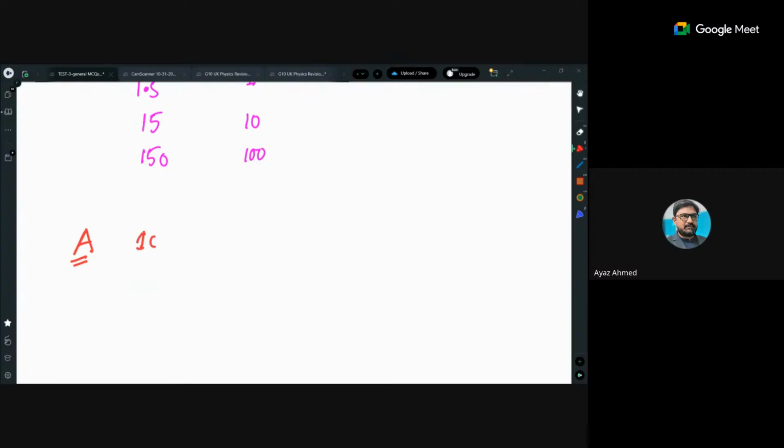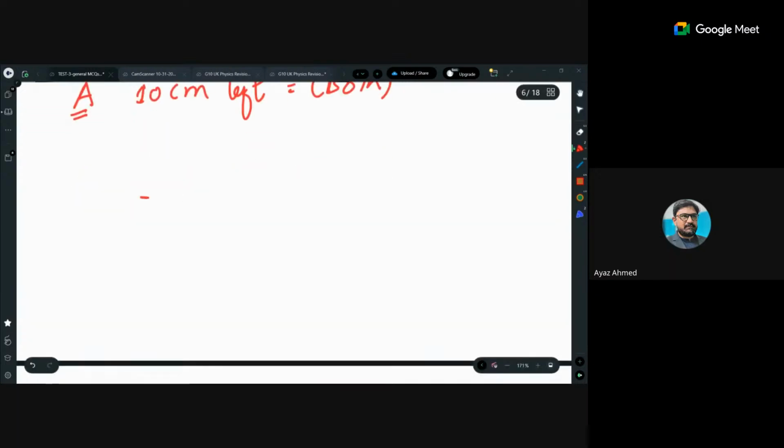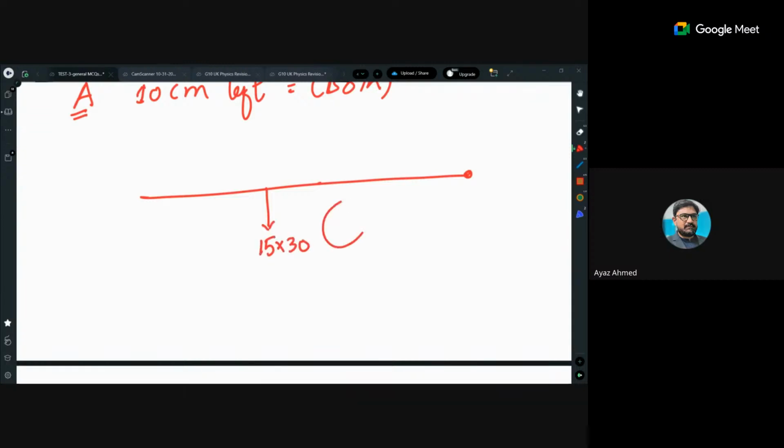10 centimeter left. So when you make both move 10 centimeter left, what will happen? This was 20, so now it would be at 30. This 15 Newton mass is placed at 30, so it is causing a moment of how much? 450 Newton centimeter.